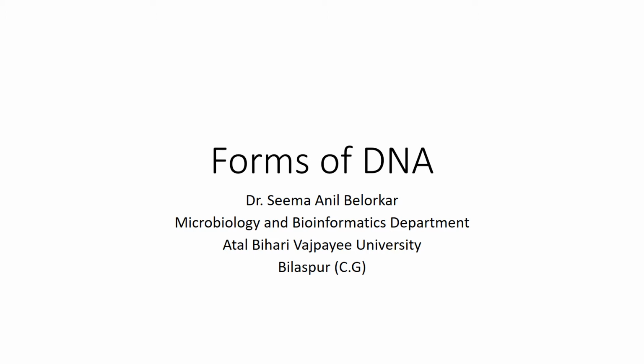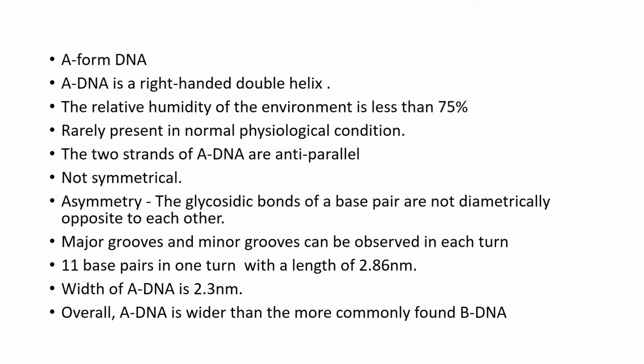Dear learners, I welcome you to this module, which is the last topic of structure and forms of DNA. As we've already studied, DNA is a polymer of deoxyribonucleic acid, and we have also studied in detail the Watson and Crick model, which explained the structure.